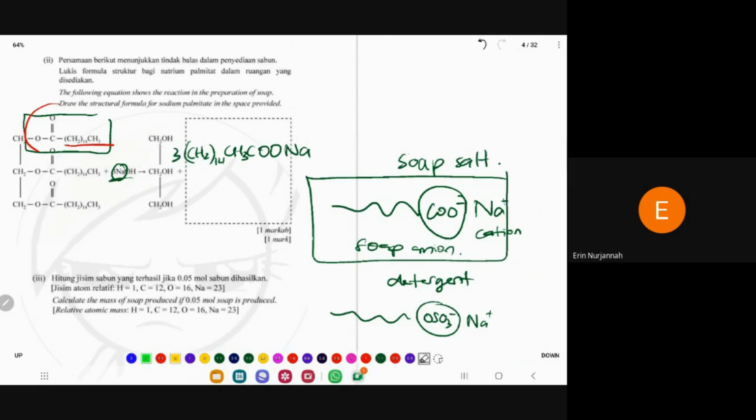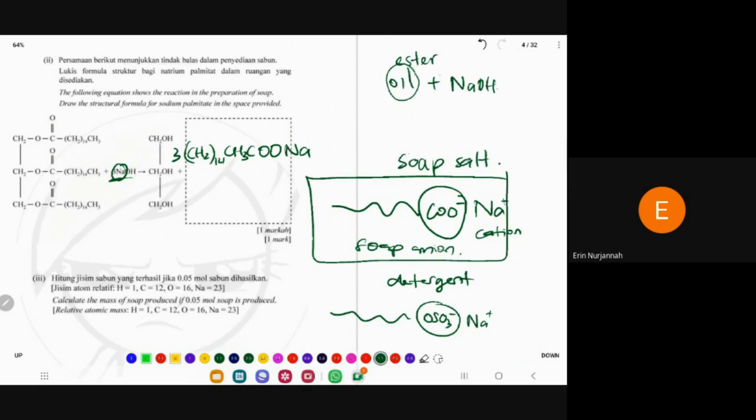Okay, you tell me what is soap. Soap is actually made from vegetable oil. Made from oil, boil with water, hydrolyze with sodium hydroxide. Alright. What is oil? Oil is ester.